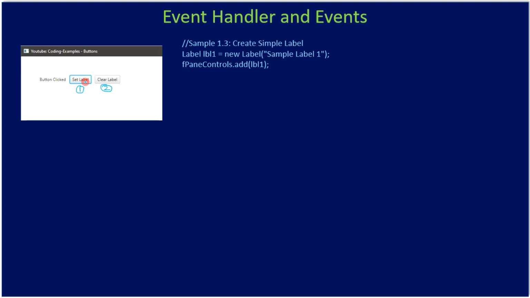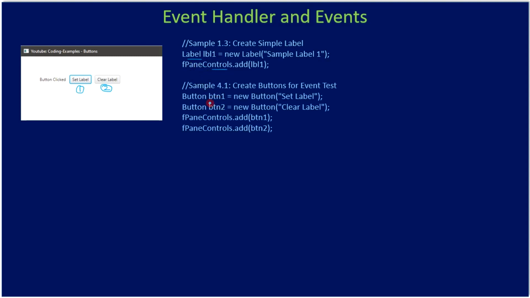So totally there are 3 nodes, and if you see here we are creating a label, then we are adding it to our flow pane control. Next we create 2 buttons, button 1 and button 2. Label we are passing. After that we are adding those buttons to the flow pane control. Now our flow pane control contains 3 nodes.